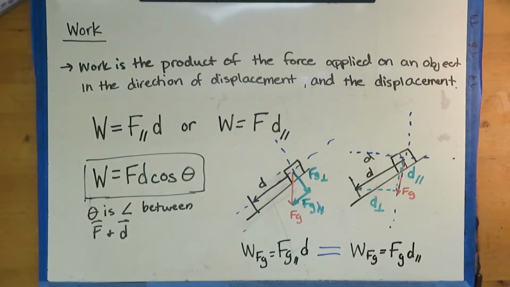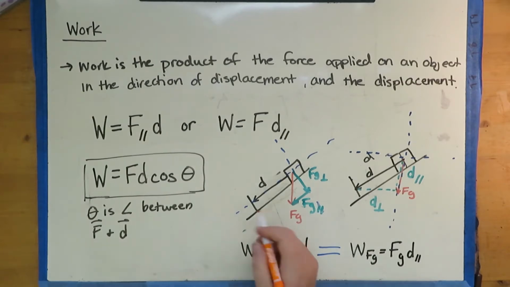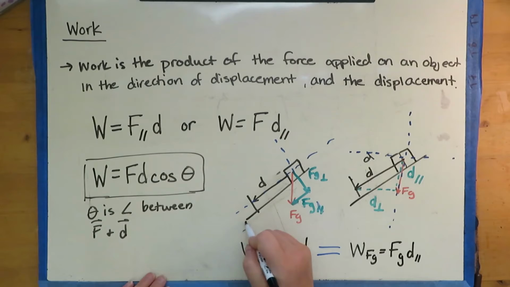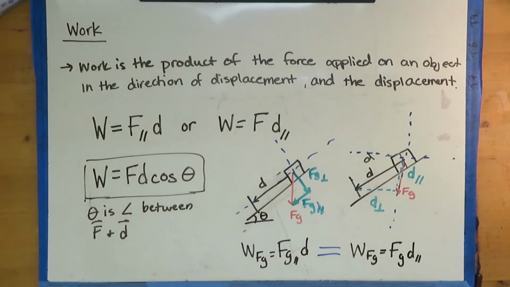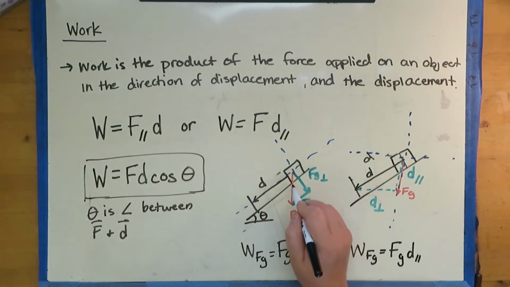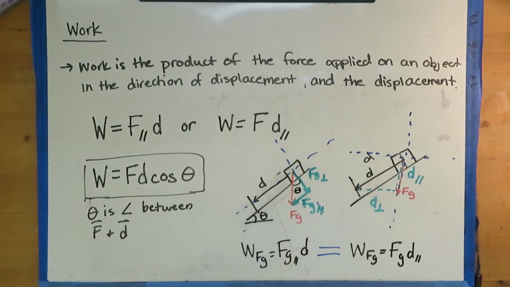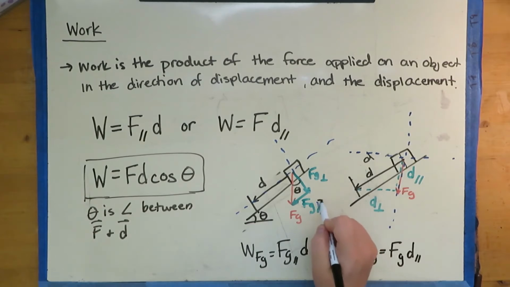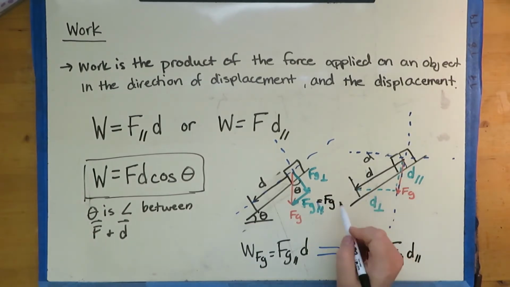So let's take a look at these two examples right here. Let's define theta as the angle of my ramp, the theta that's given in my problem. When I'm looking at this example, that is the angle theta. So if I wanted to calculate FG parallel, it is FG sine theta.